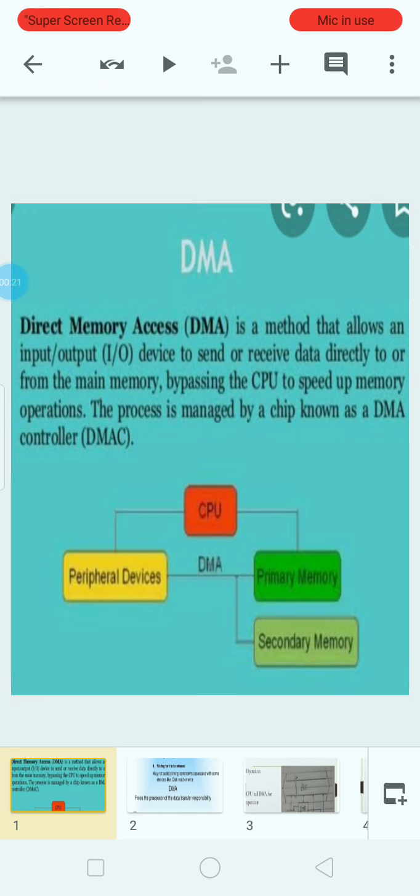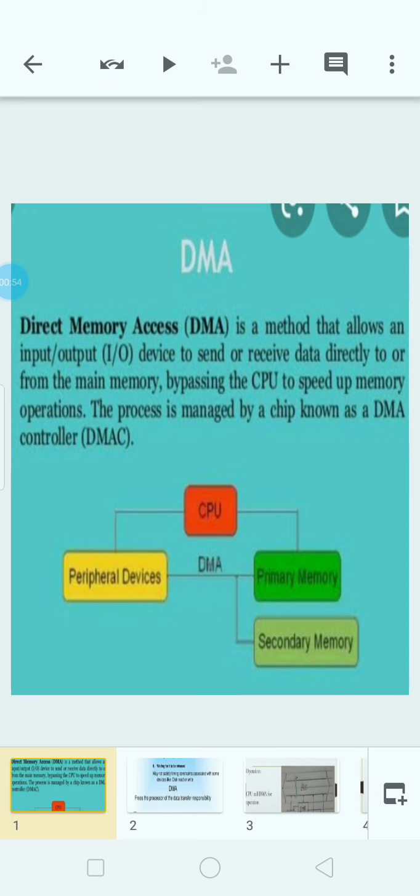DMA is a method of transferring data from the computer's RAM to another part of the computer without processing it using the CPU. While most data that is input or output from your computer is processed by the CPU, some data does not require processing or can be processed by another device.